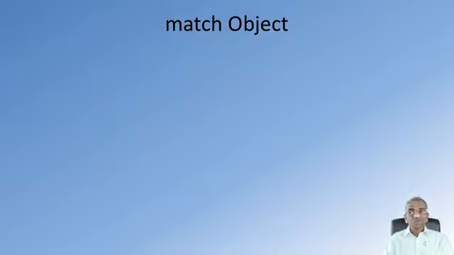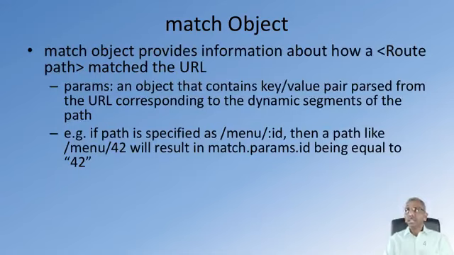Now, what does this match object provide for us? This match object enables us to determine a path. When you specify various route parameters, these become available through the match object as params, which is a property that gets associated with the match object. So when you say match.params, you'll be able to get access to all the params as key value pairs.